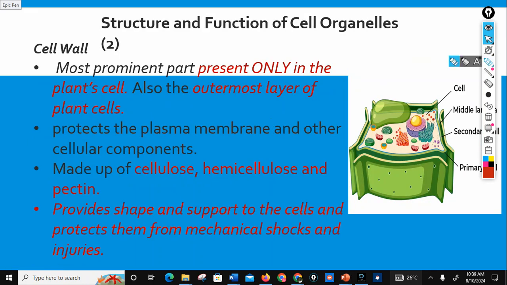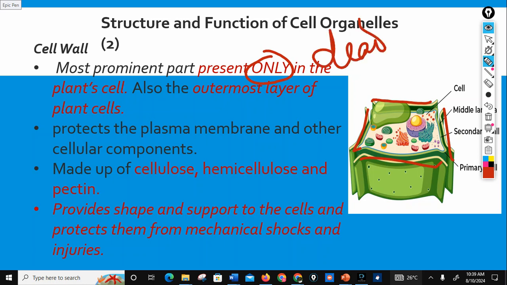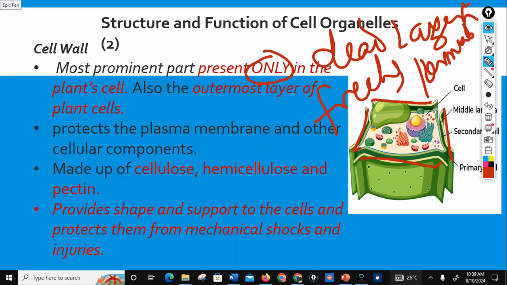It is only the plant cells, as I mentioned earlier, that have the cell wall. This is the boundary here, and I mentioned that it's a dead layer, and it is freely permeable. All right, but let's talk about the composition.